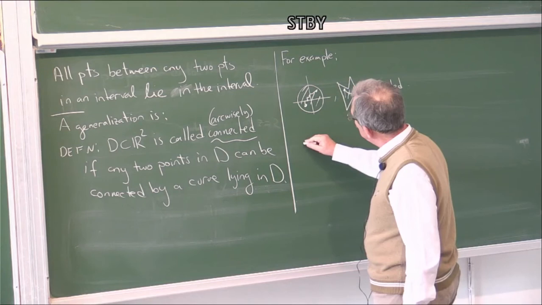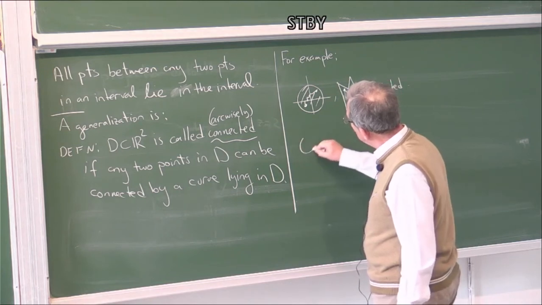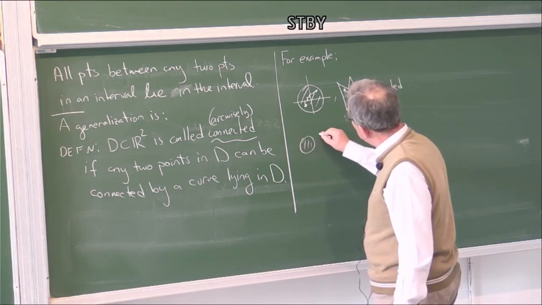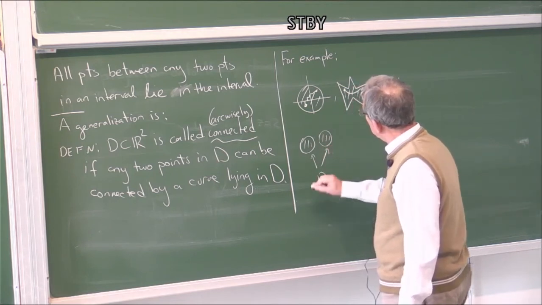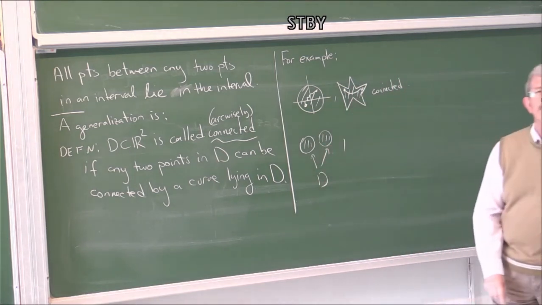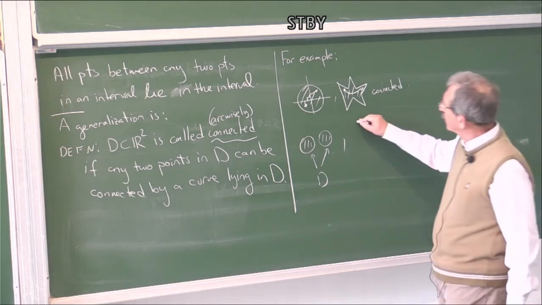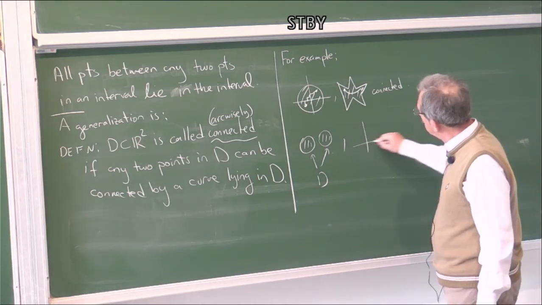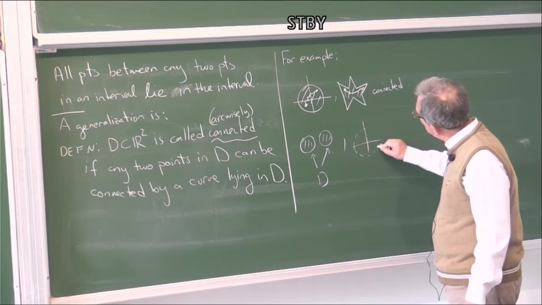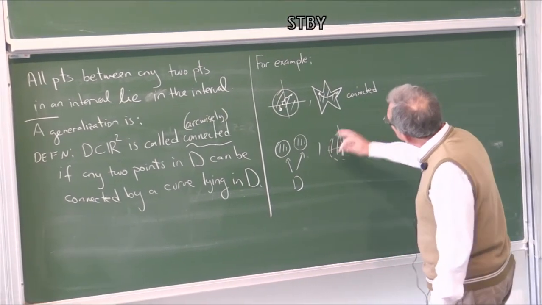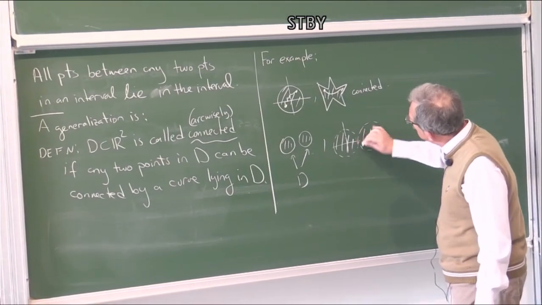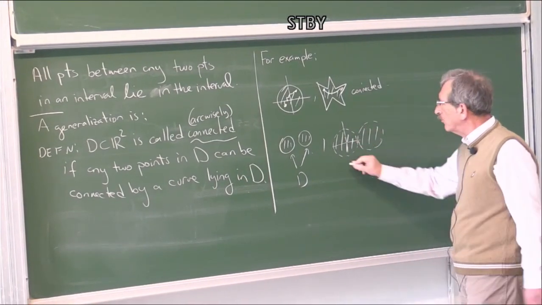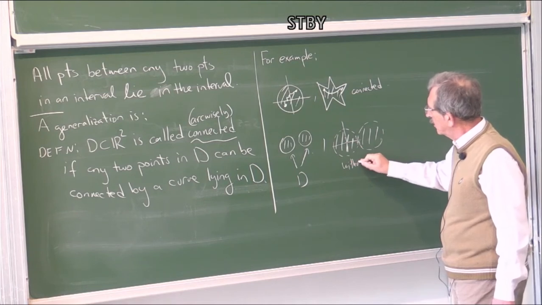But of course, this is not connected. Or, more seriously, a set without boundary and another circle tangent to it, but both without boundary.